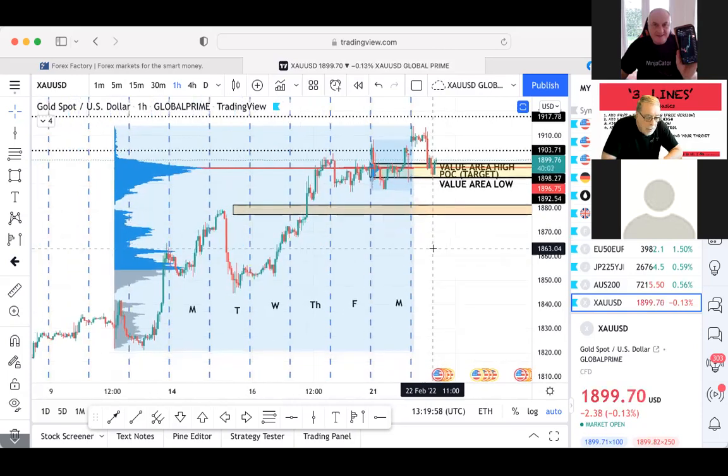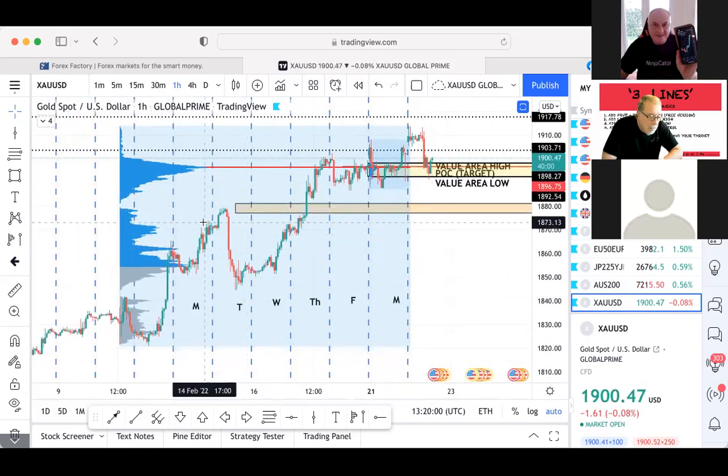And then there are other areas of interest. There's a peak in volume here, and if you just look across from that peak, you'll see there's an area of consolidation there, and another area of consolidation there. What that tells me is that price is likely to go back to this area.